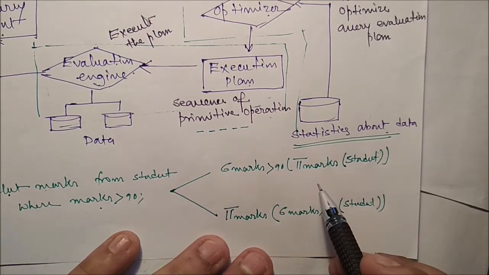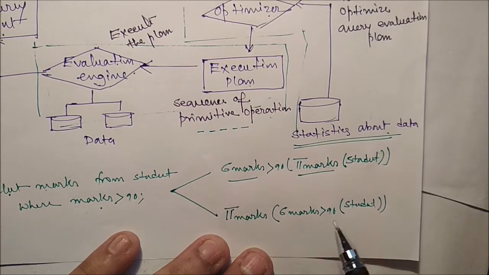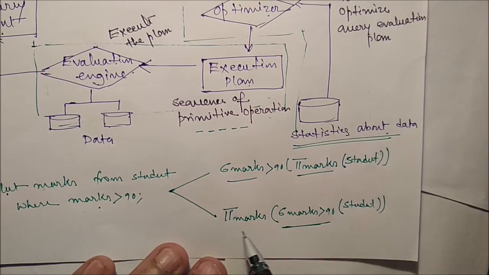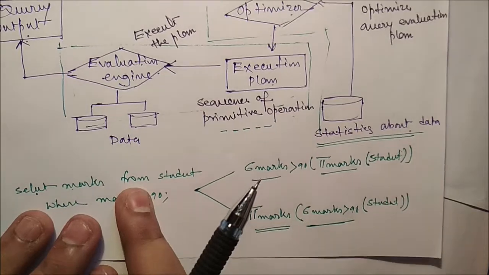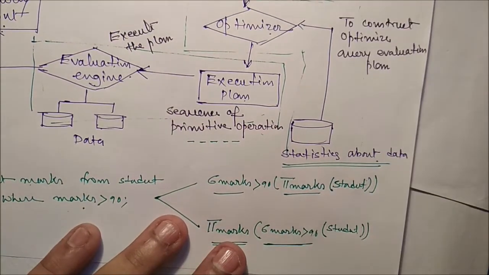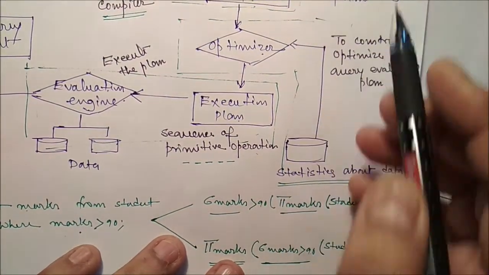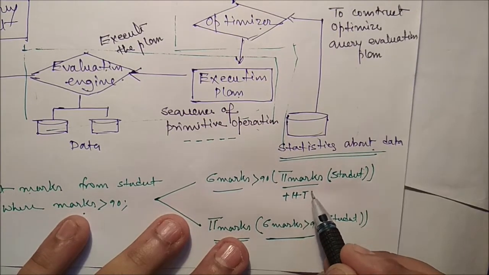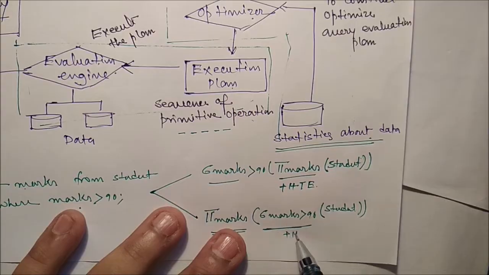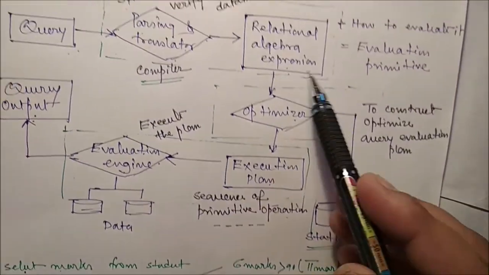So first projection then selection, or selection first then projection. This is our high level language, this is our low level language, plus how to evaluate it, and then it passes to the optimizer.